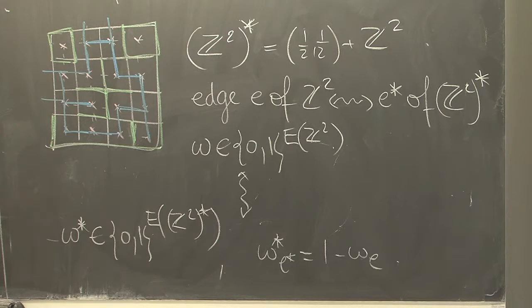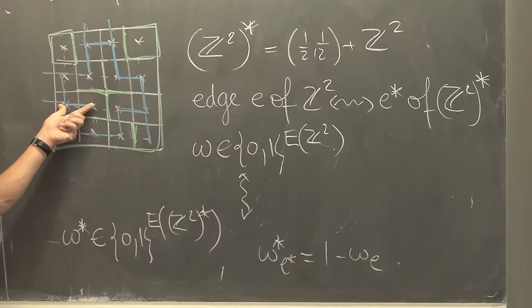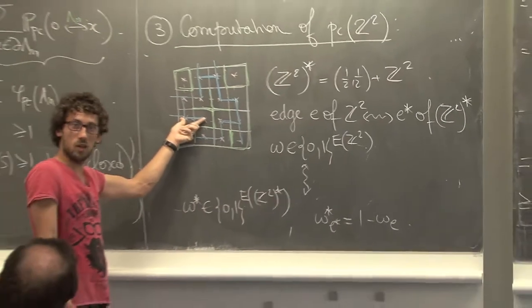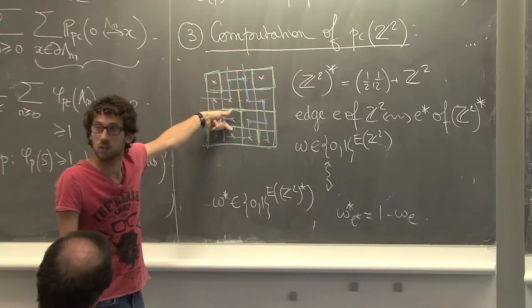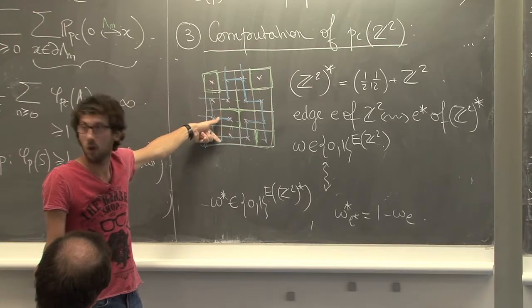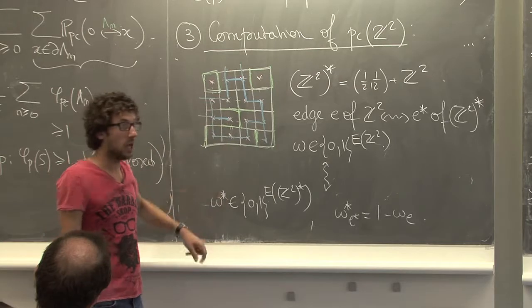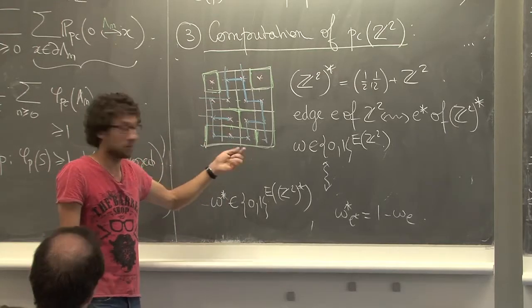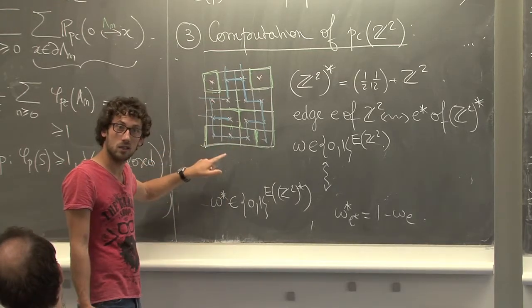What is the law of omega*? Well, let's look at the state of an edge in the dual configuration. It is open if and only if the edge of the primal configuration is closed. So it's open with probability 1 minus p. And it's independent of the other edges because it just depends on the state of this edge.